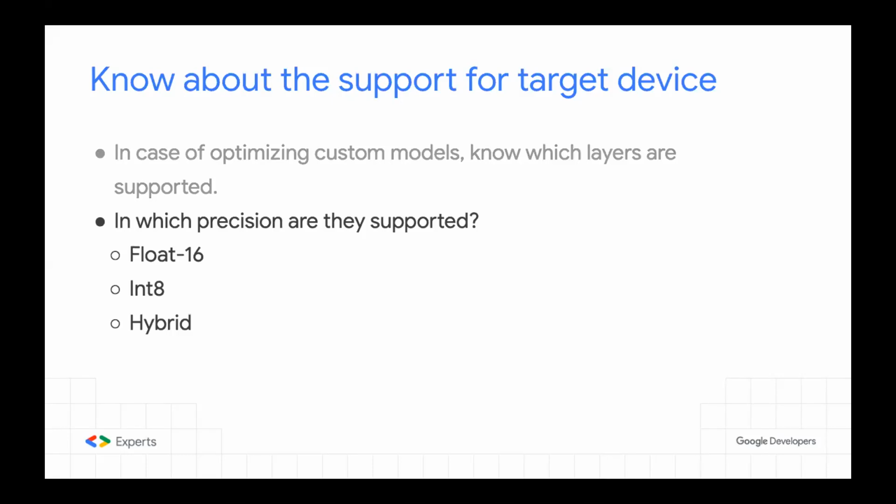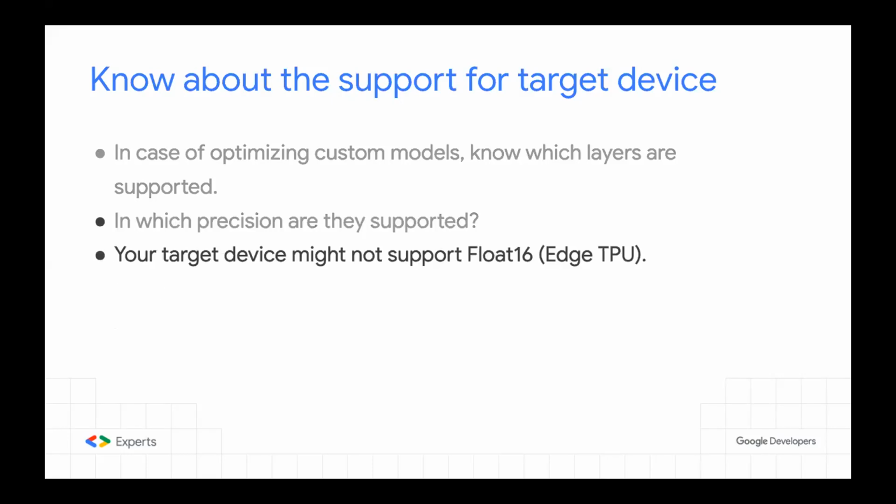So which precisions are supported, because your target runtime might not support float16 based optimization. For example, Hexagon is all about int8 based optimization. So you might want to study the kind of optimized layers that are supported for your target runtime by TensorFlow Lite, and then decide accordingly.